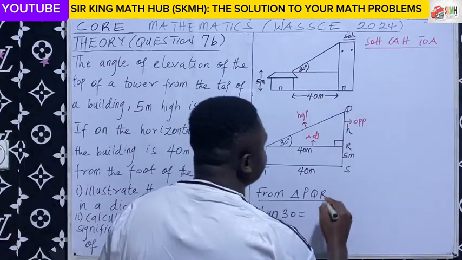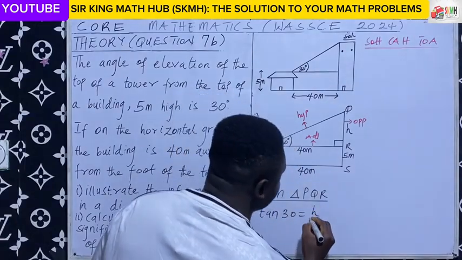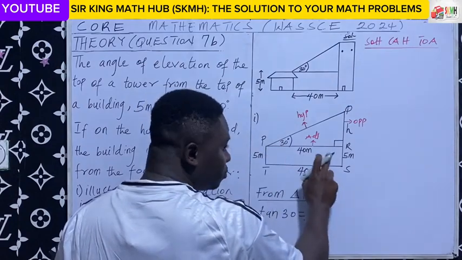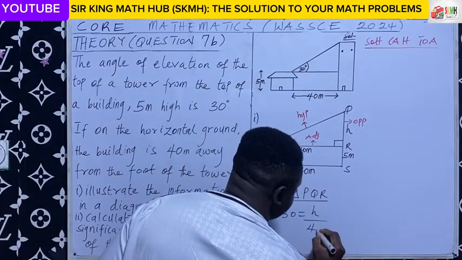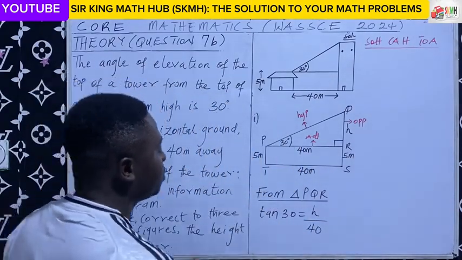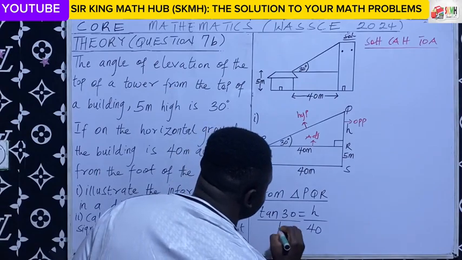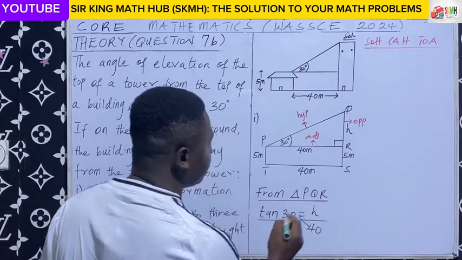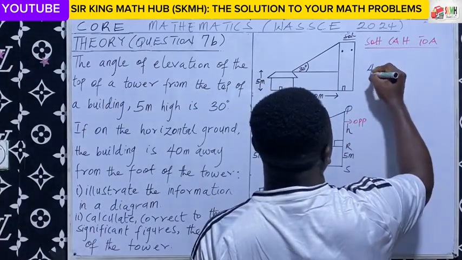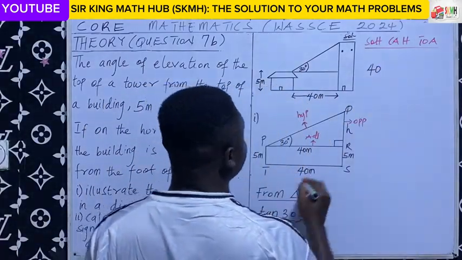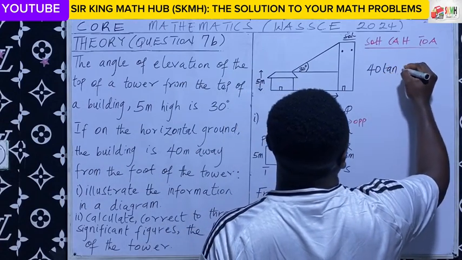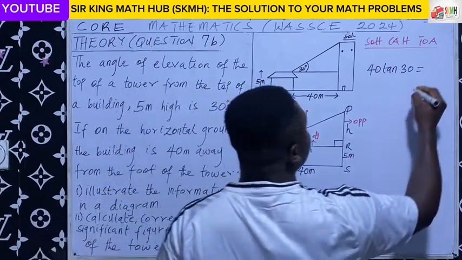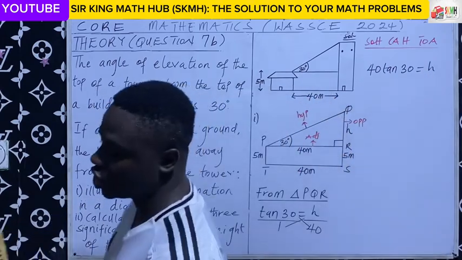So the length of the opposite has been represented as H divided by the length of the adjacent. We have our adjacent as 40. So tan 30 could be written as tan 30 over 1. So we can cross multiply. So we have 40 times tan 30. 40 tan 30. And this should be equal to 1 times H, which is H.